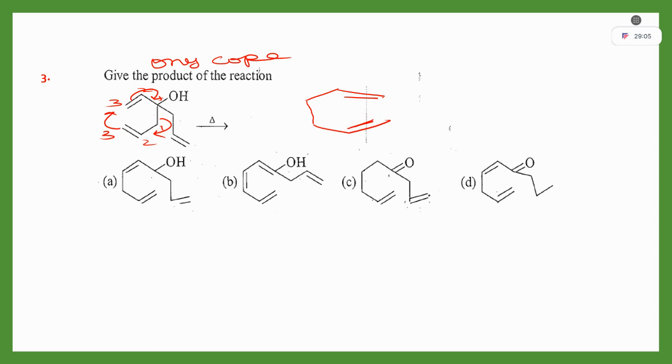Okay. Here OH will come. This OH will tautomerize and will give you this product. So option C is most appropriate. I hope you got it, Aarti. So correct option is option number C.